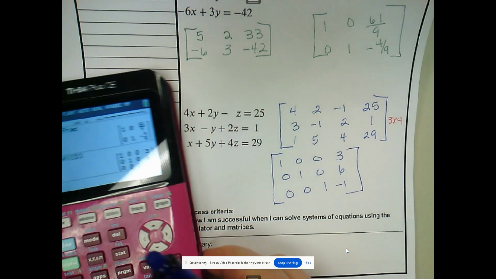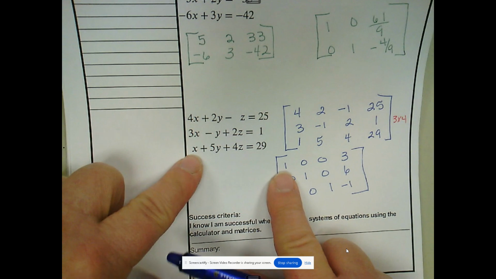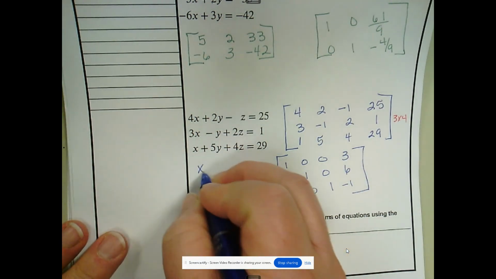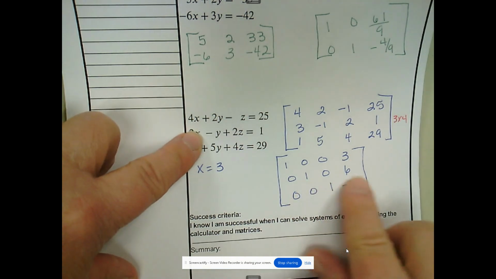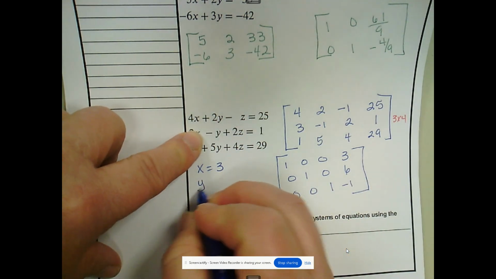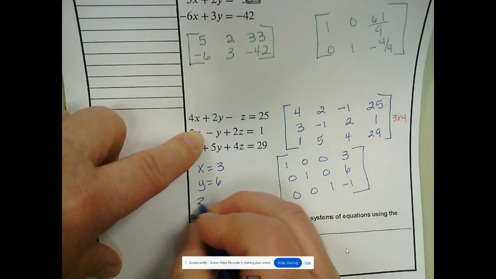What does this tell us? X is equal to 3, y is equal to 6, and z is equal to -1.